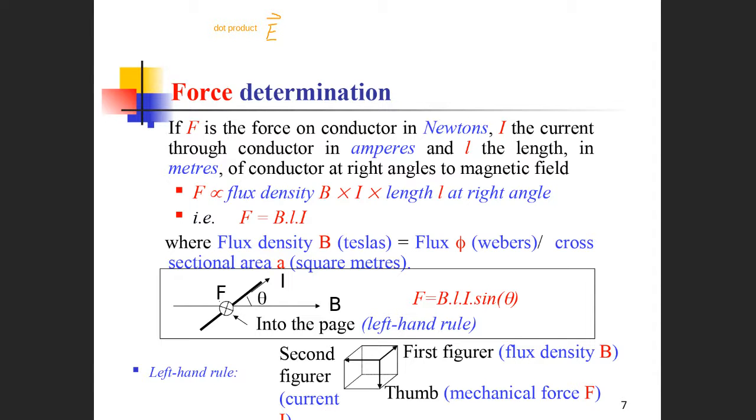This means dot product. Another one, say the current has direction, or the B field has direction.